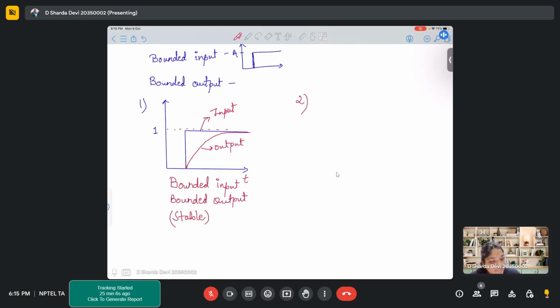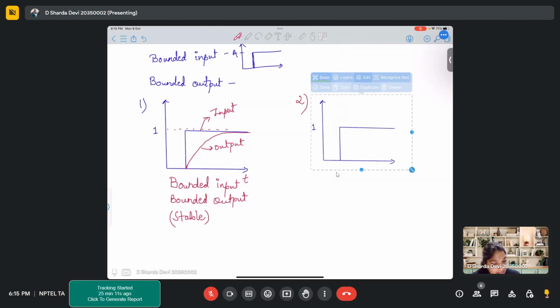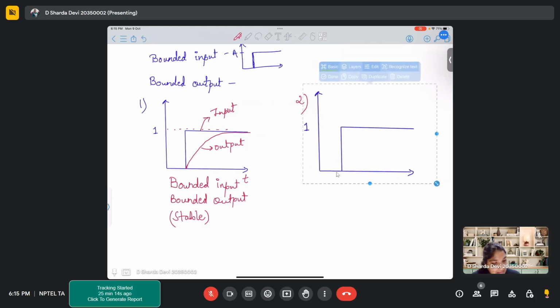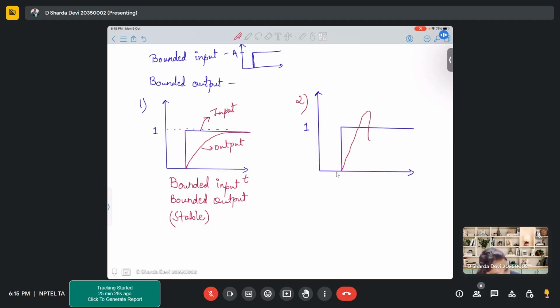The second case that you can obtain is like, you have provided your input, but what is happening is your output is sort of oscillating around your input, and ultimately it is a damped oscillation.